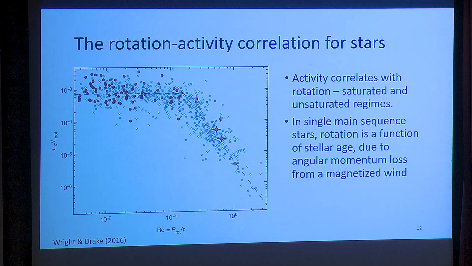You've got saturated and unsaturated regimes. The sun would be somewhere around here, and then these would be saturated stars, unsaturated stars. In single main sequence stars, rotation is a function of stellar age due to the angular momentum loss from a magnetized wind, and that's what's responsible for producing the stellar spin down. Important to remember that's for single main sequence stars.